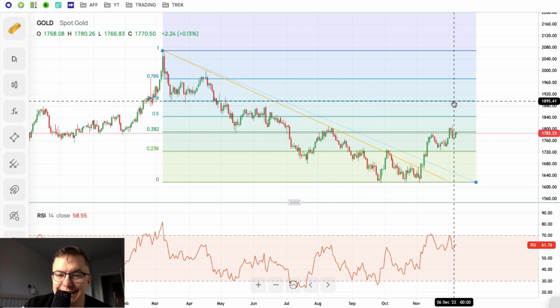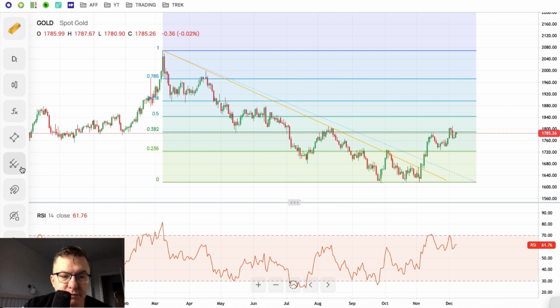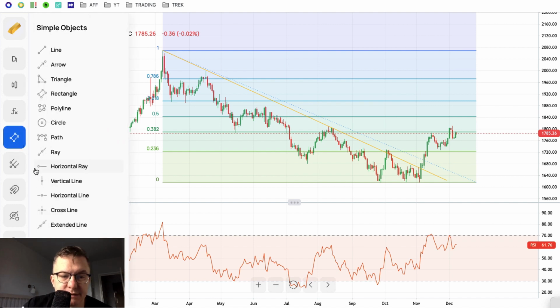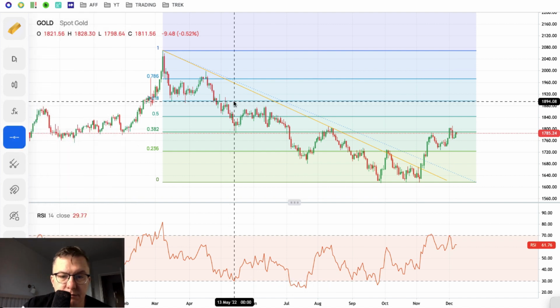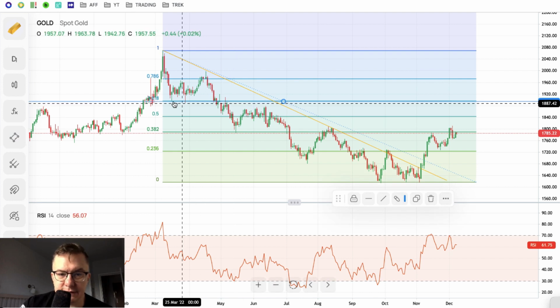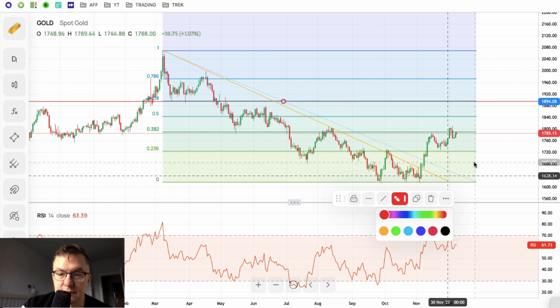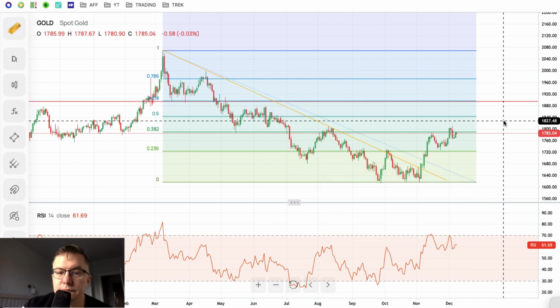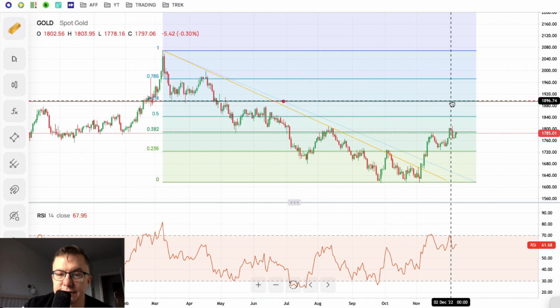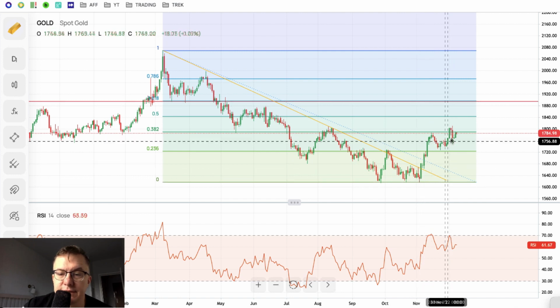This is the next target, and the other target is even much more interesting. This is 1895, and let me just put it on the screen because this is the level I would like you to remember, because it's the technical resistance as well. So we will make it red. This level is the key level to the upside. We have a nice breakout.